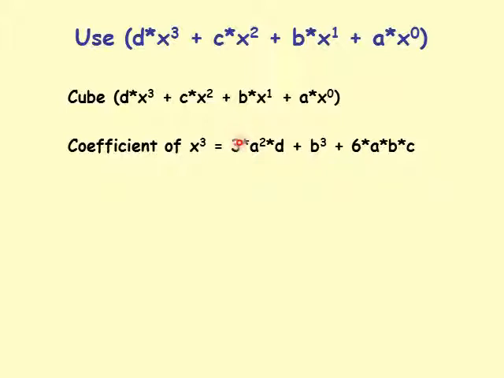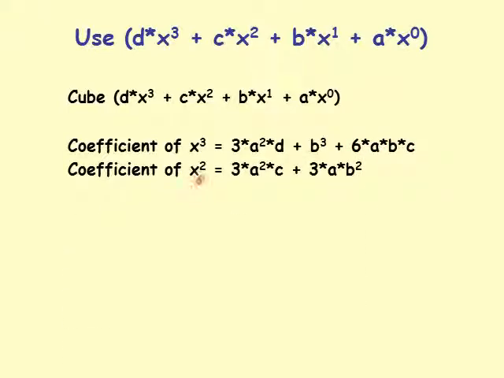So a cubed, 3 times a squared from here and d here. And also we can get those from bx times bx, that's that one. We also can get a cube from multiplying cx squared, bx and a, so that gives me 6abc.